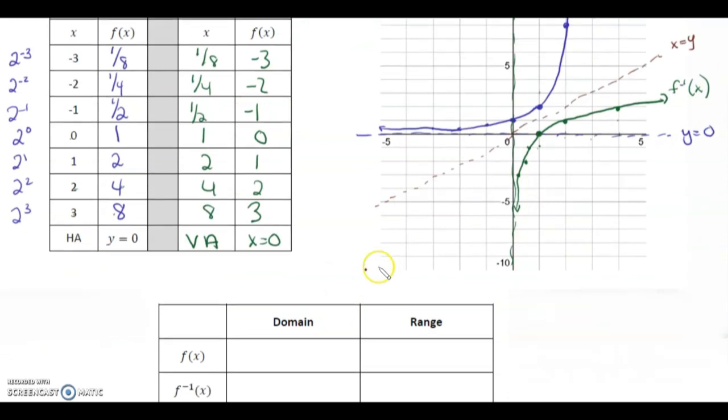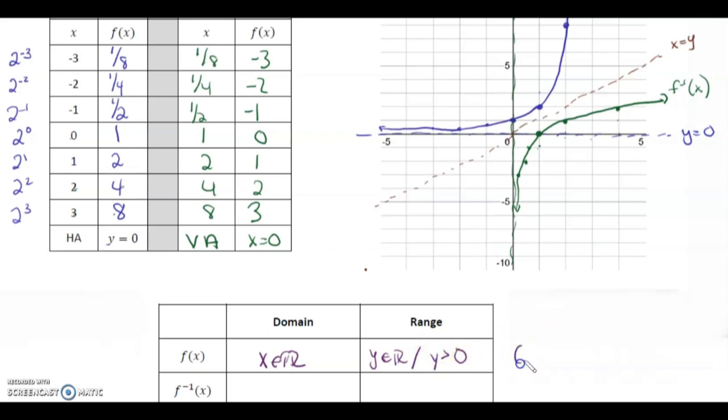So let's talk about the domain and range. For f of x, that's this blue graph right here. The domain is x in the reals. It's going to hit every single number going to the left and the right, just like any other exponential function. Now the range is y in the reals such that y is greater than 0.